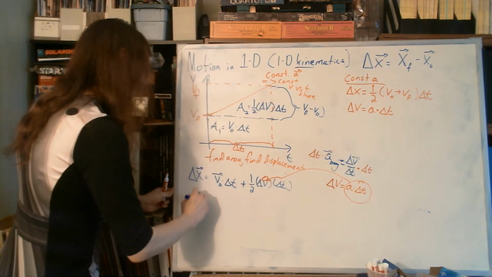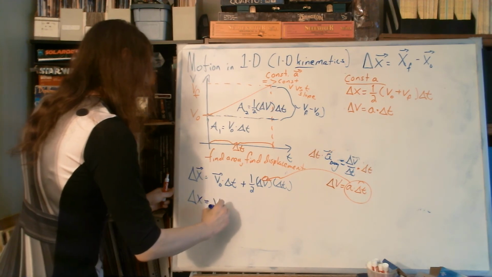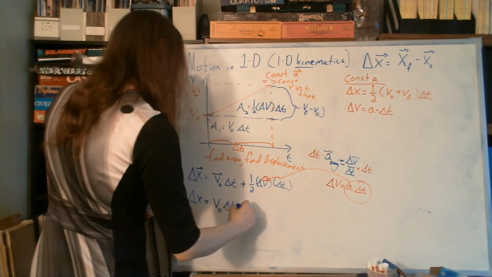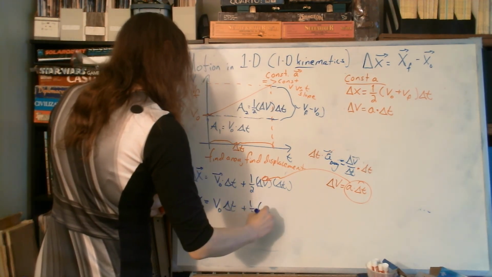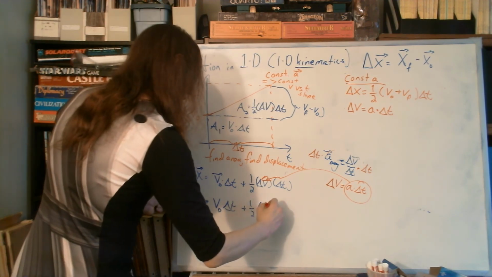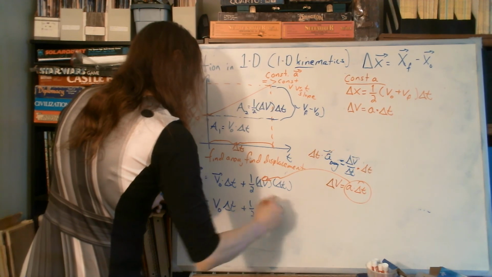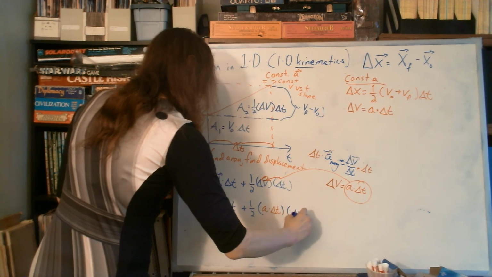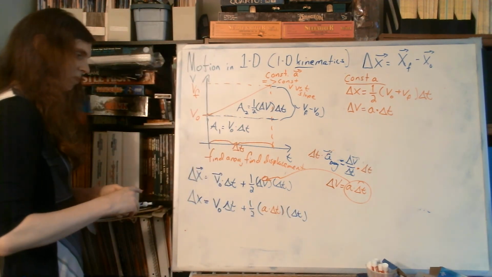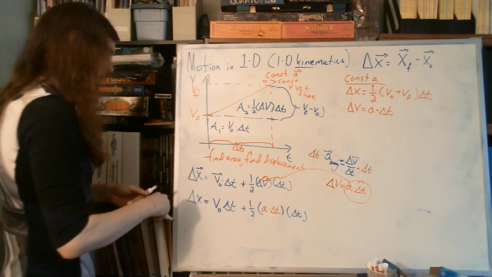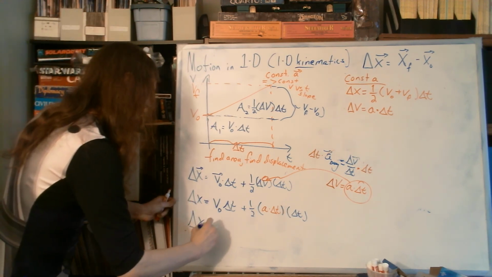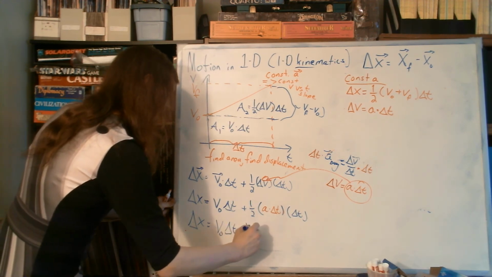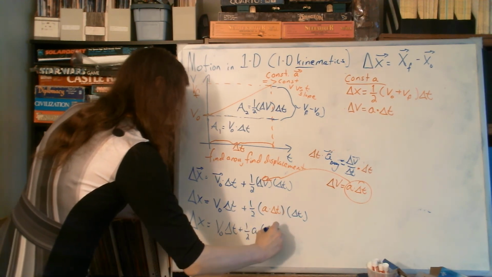And so we get delta x is v0 delta t, how far we traveled if we didn't accelerate, plus 1/2 a times delta t times delta t again. That is v0 delta t plus 1/2 a delta t squared.